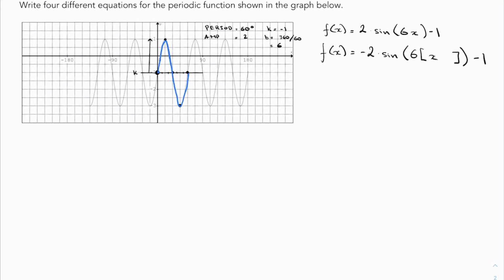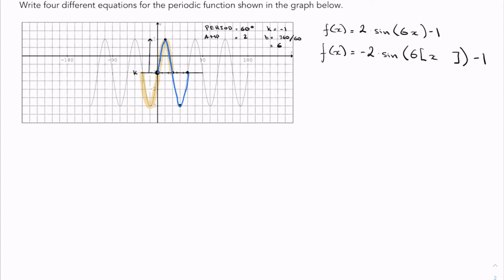Remember, negative sine goes down first, then comes up, and then goes back down to the middle. So it's something like down, up, and down. You can see that this graph here has been, you can think of it, if this was the original, it's been shifted back 15 units to the left.